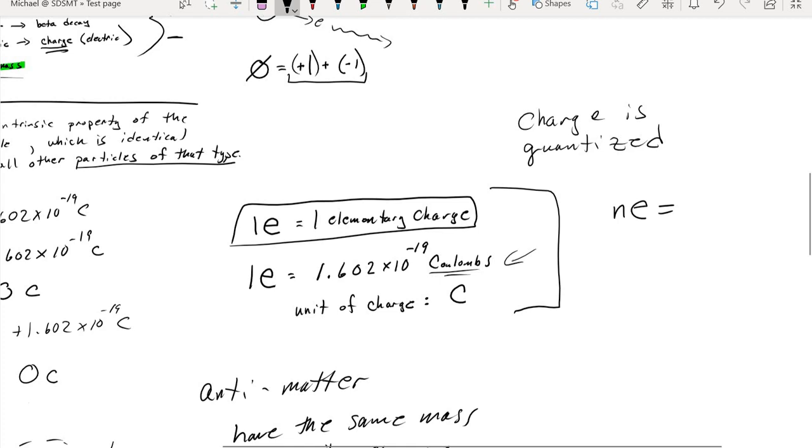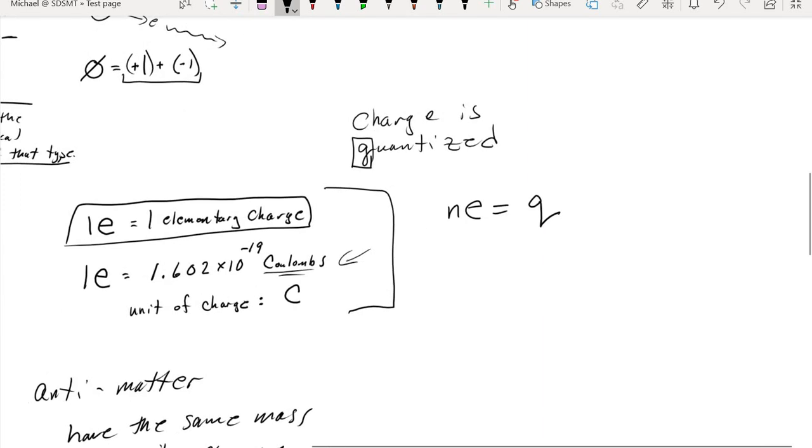And so those specific quantities, I'll just steal the letter Q for quantity. So we're going to use Q to designate the electric charge of a given particle.